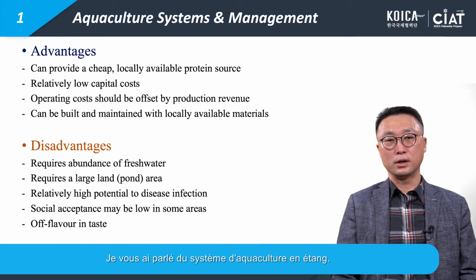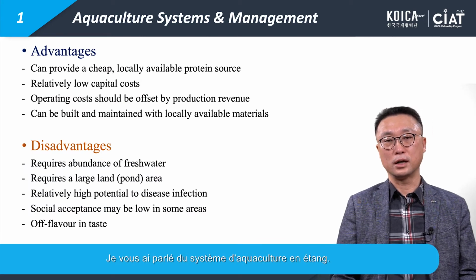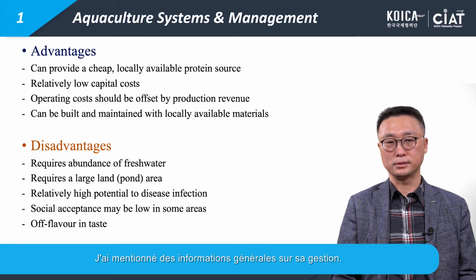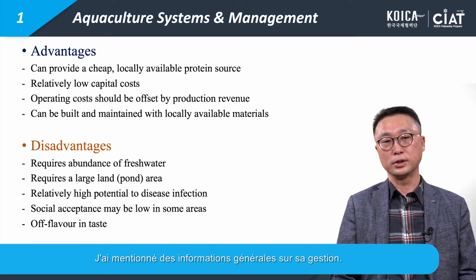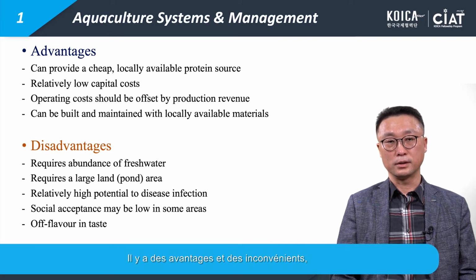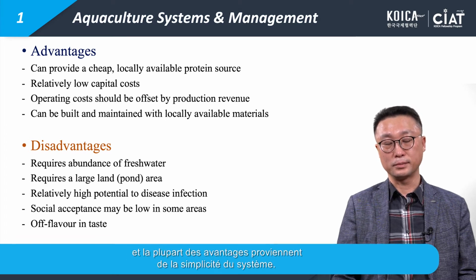So I was talking about pond aquaculture systems. I mentioned the major maintenance for pond aquaculture in general. This time there are some advantages and disadvantages of pond aquaculture systems.